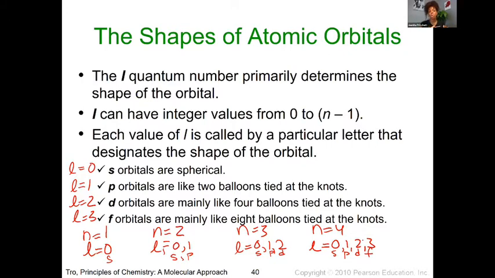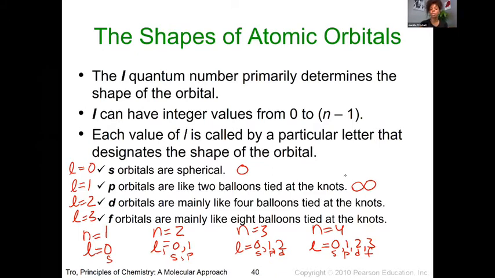Now, each of these orbitals has its own characteristic shape and relative size. Your s orbitals are your smallest orbitals, and I'll show you pictures in a second, but these are often found as more spherical shaped. Your p orbitals tend to look like 2 balloons tied together, so a little bit bigger.